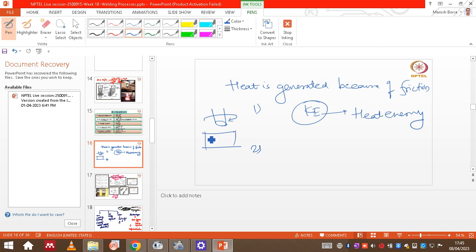Okay, so at the interfaces there are certain kinds of irregularities, or we can say asperities.